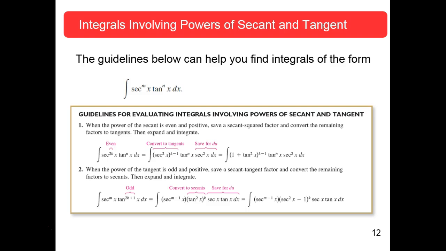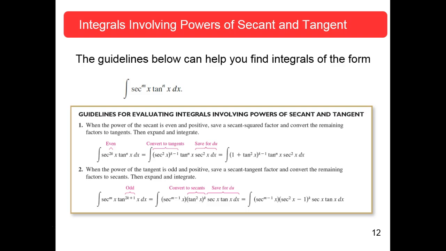Now, when the power of secant is even, remember when we started off with sines and cosines, we started with odd powers. Those were our favorites. Now, we want the power of secant to be even and positive. Save the secant squared factor and convert the remaining factors to tangents.